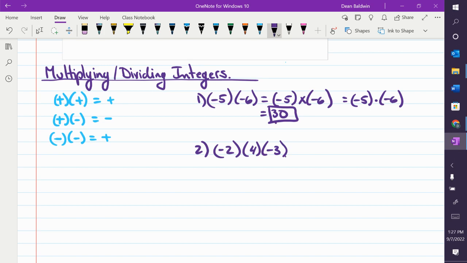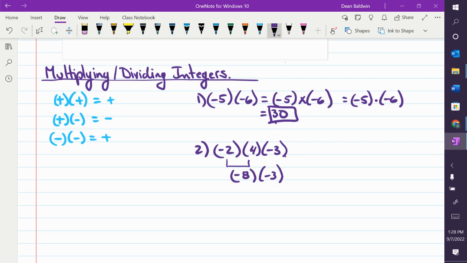Does the order matter if you're just doing multiplication? No, it doesn't matter. You can go in any order, right? So we can go -2 times +4 is -8. I'm going to do it in steps. You don't have to do it in steps. If you want to do it all in your head, that's fine.